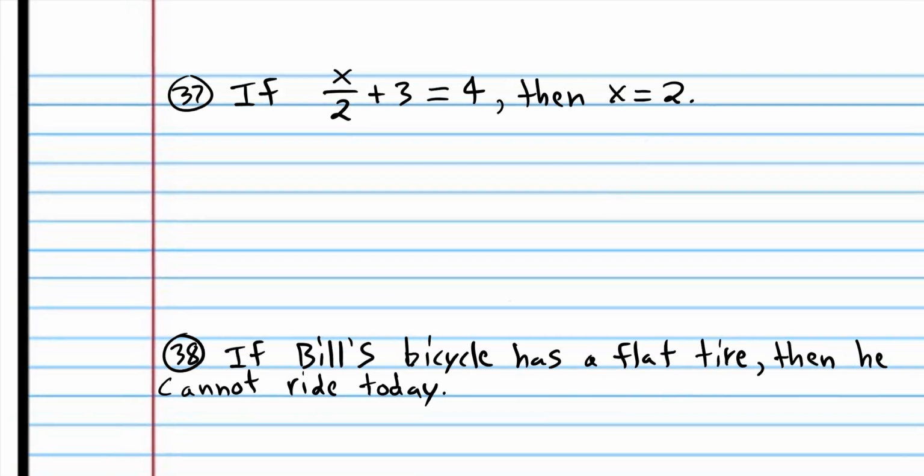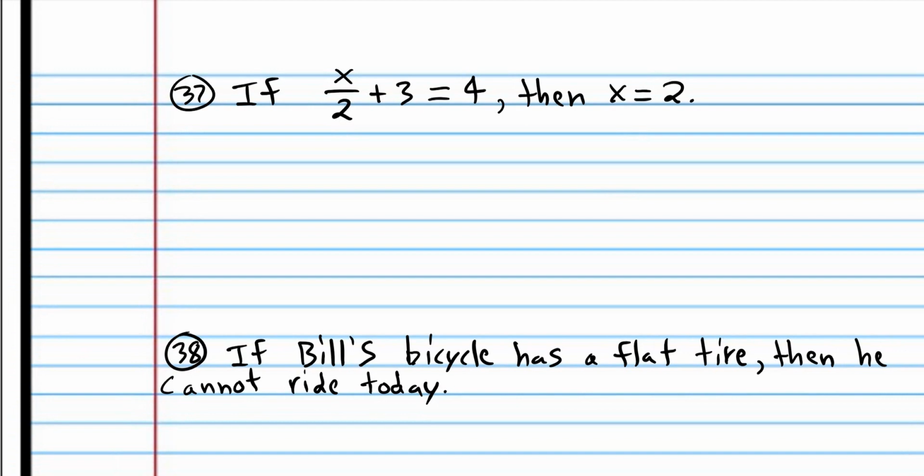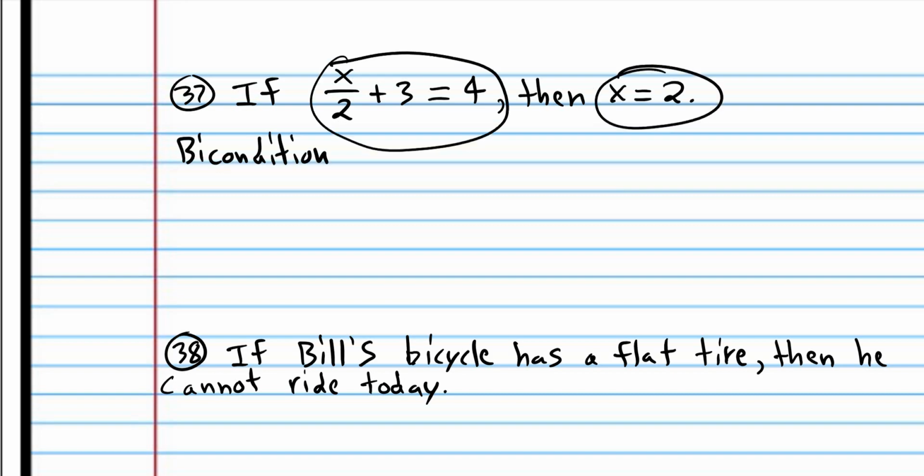All right, we're back. So if x over 2 plus 3 is equal to 4, then x equals 2. If x equals 2, then x over 2 plus 3 equals 4. So the converse is correct. So they are biconditional. Because if this is true, then this is true, because if x is 2, then the equation works.